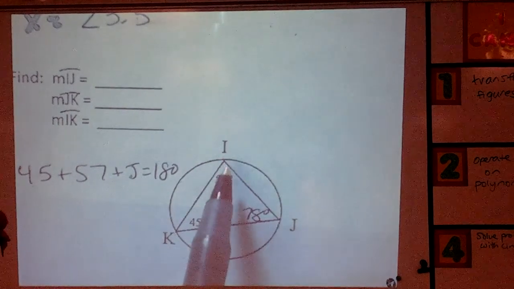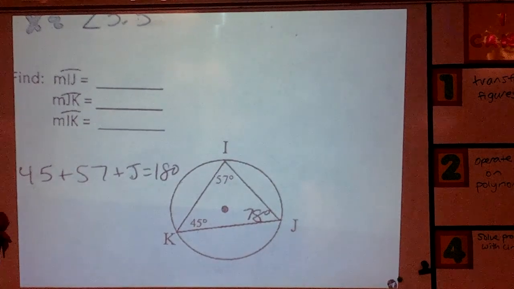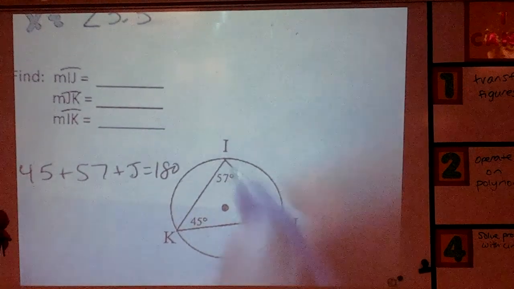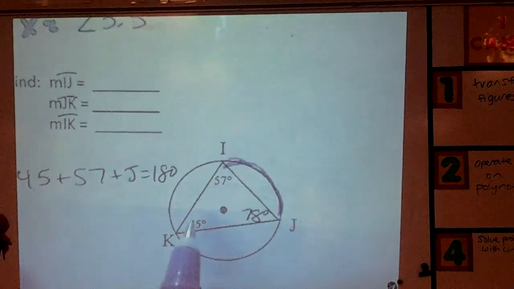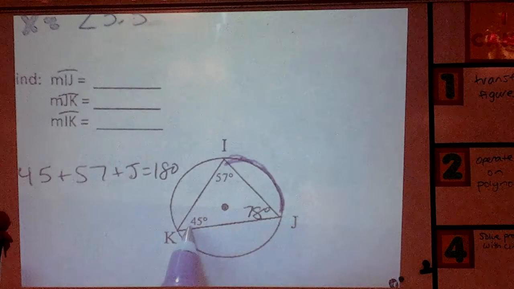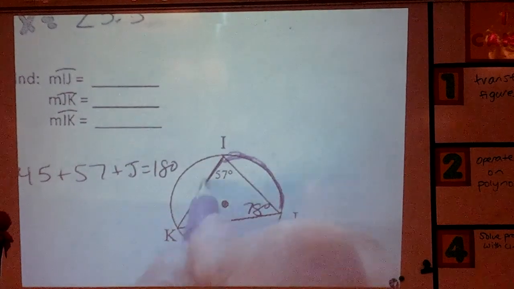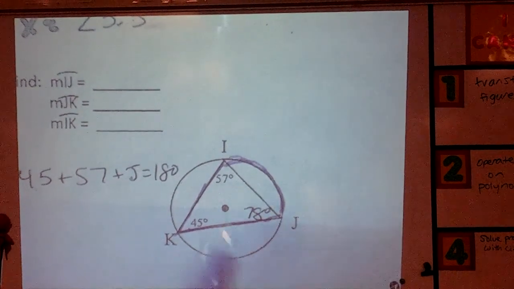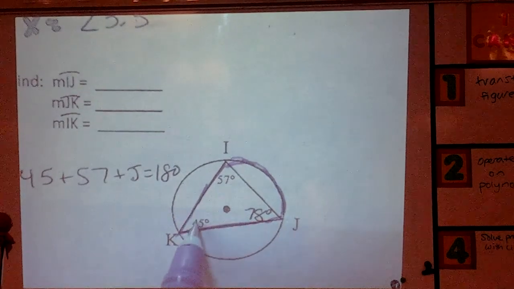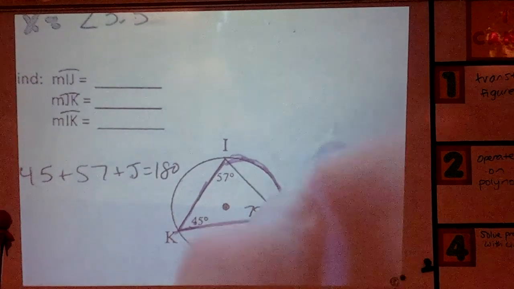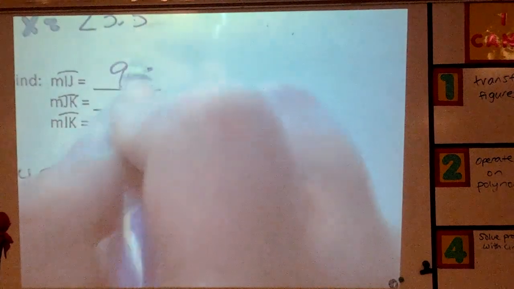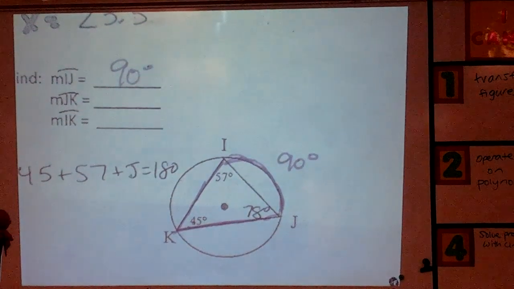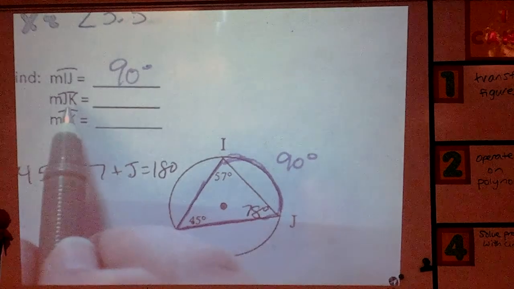So looking at IJ, what angle corresponds with that? 45, right? That is the one that makes kind of like the snow cone looking thing. So twice 45 would give me 90 degrees. What about JK?